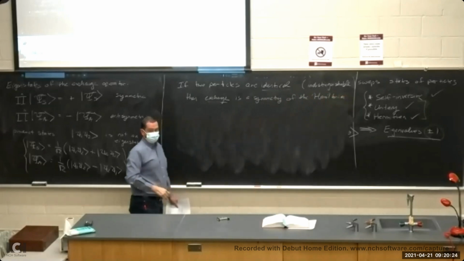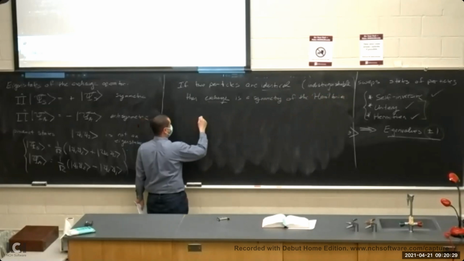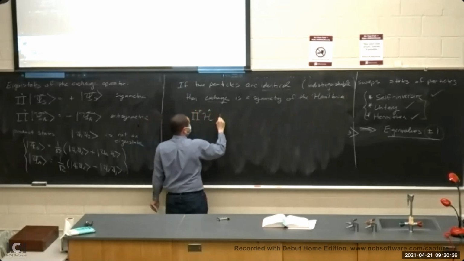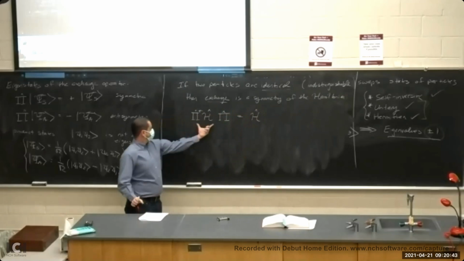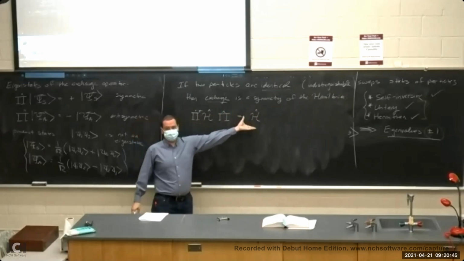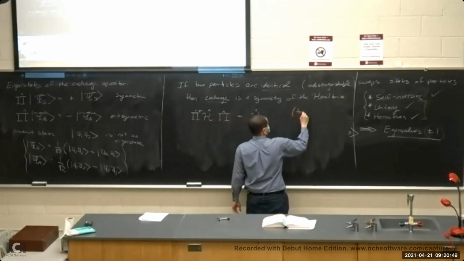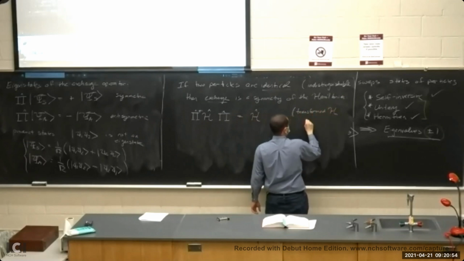So that means if I transform the Hamiltonian under exchange, I get the same thing back. How do I transform an operator under exchange? Well, I take the operator and I hit it by the transformation on the left, π†, and on the right, π. And the statement is, if this is a symmetry, then the exchange transformed Hamiltonian is equal to the original Hamiltonian that I started off with. Transformed H equals original H.